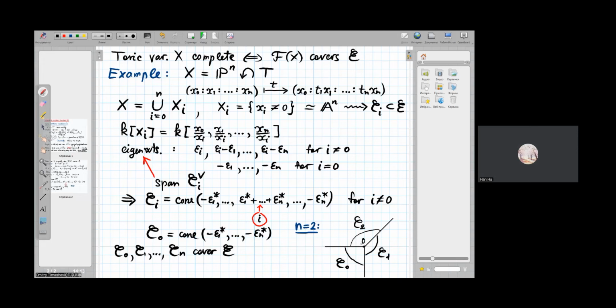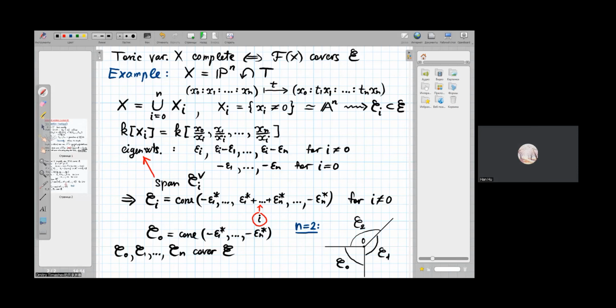So there are 7 orbits, and the orbits correspond to these cones and their faces. And of course, for general n, the picture is similar, but I just cannot draw it explicitly on the sheet of paper. So you can imagine the same thing for general n.